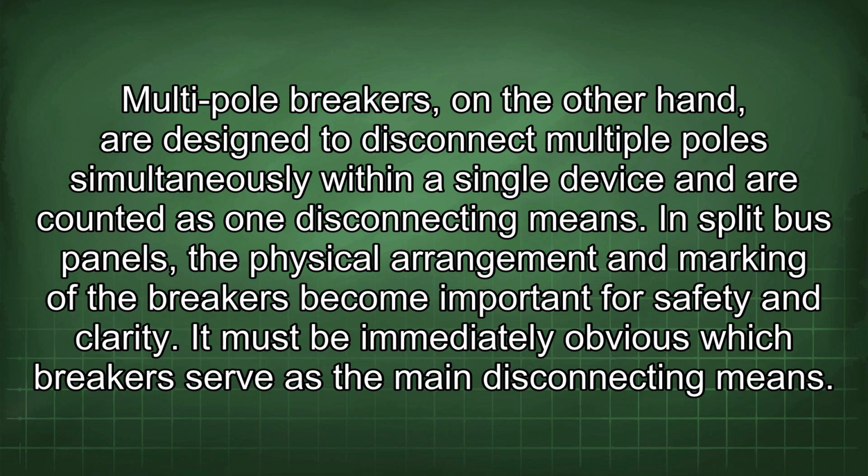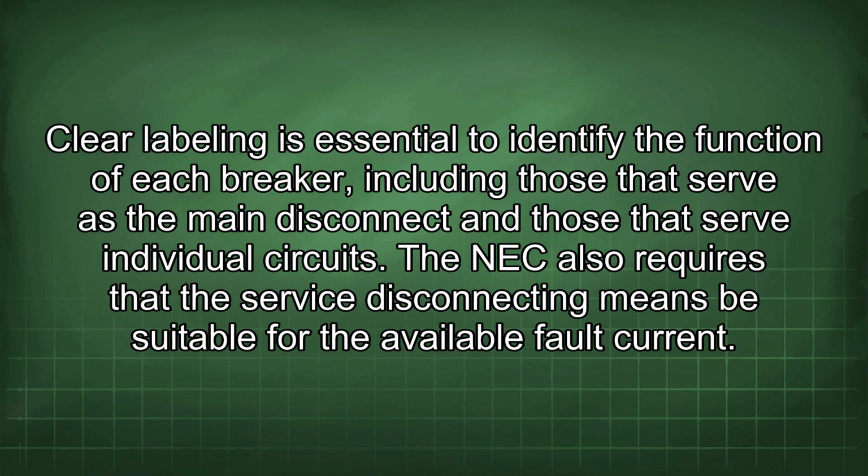In split bus panels, the physical arrangement and marking of the breakers become important for safety and clarity. It must be immediately obvious which breakers serve as the main disconnecting means. Clear labeling is essential to identify the function of each breaker, including those that serve as the main disconnect and those that serve individual circuits.